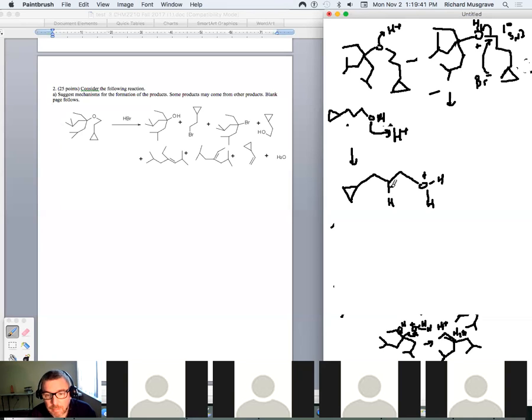There we go, it's better. There we go. And remember, that doesn't match what's on the slide because I have an extra carbon up here on this side.